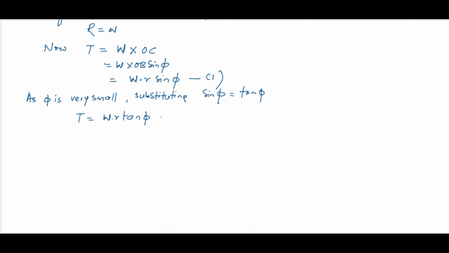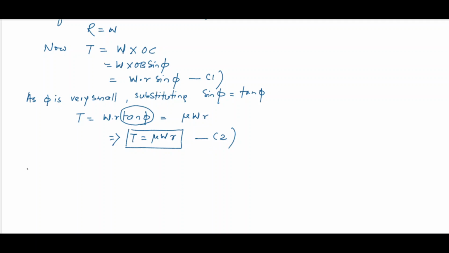In short, we can represent this term tan phi as mu. So it will be mu W r. So our T is mu W r. Let's say this is equation 2.